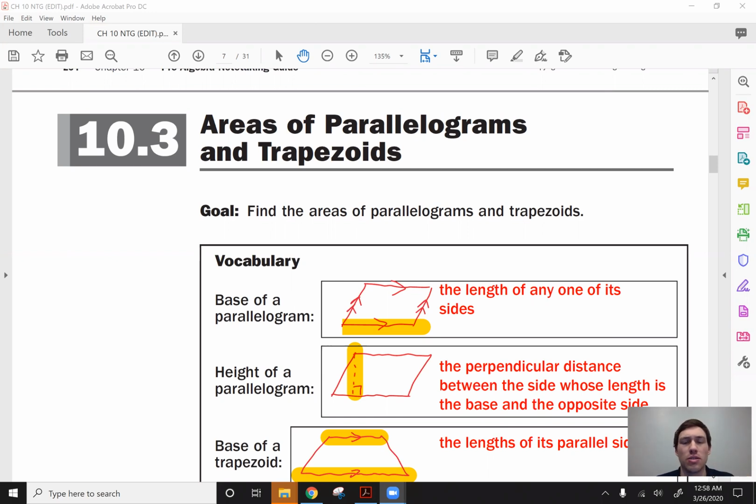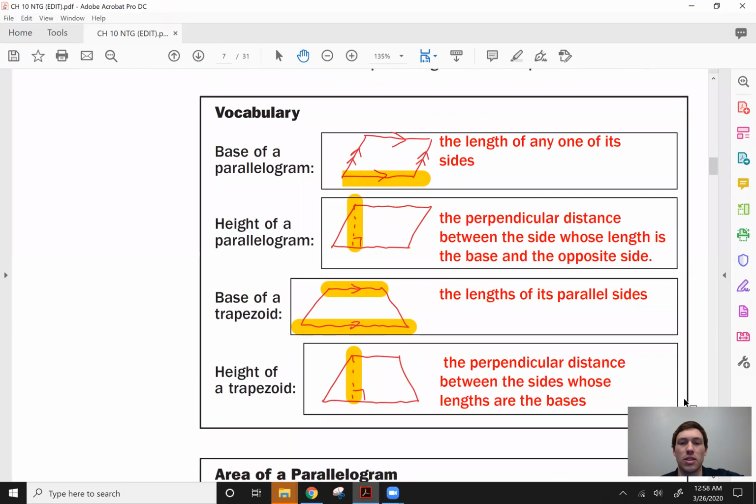Now we're going to get into specific traits about them, such as how to find the areas of these shapes, and eventually we'll move into 3D figures involving these shapes, and it'll include finding the surface area and volume. But for now, we're just talking about area, and we're only talking about parallelograms and trapezoids. So we're going to be diving into some formulas on those.